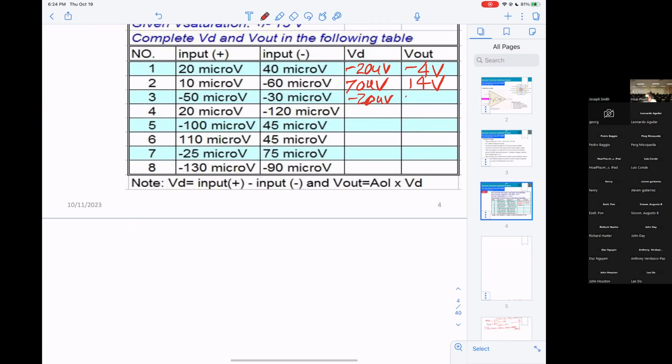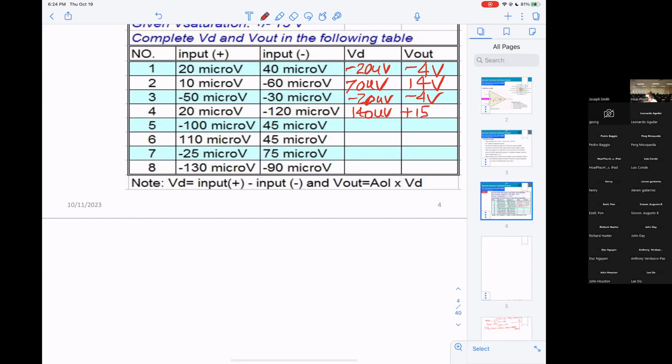Yes. Okay, number 4. 140. What do we have? 15 volts saturate, right? Yep.